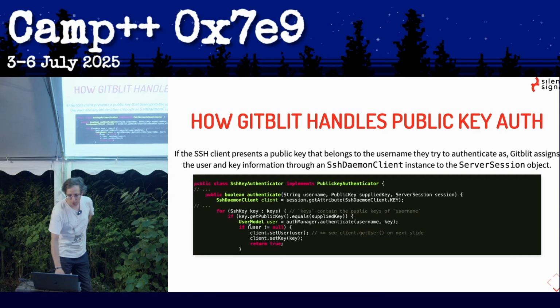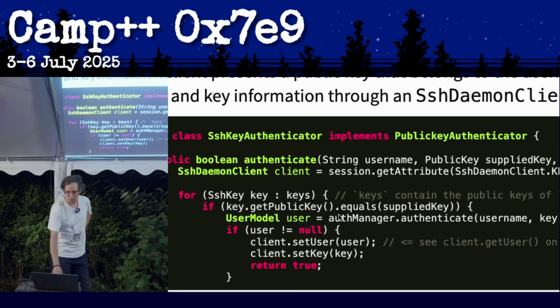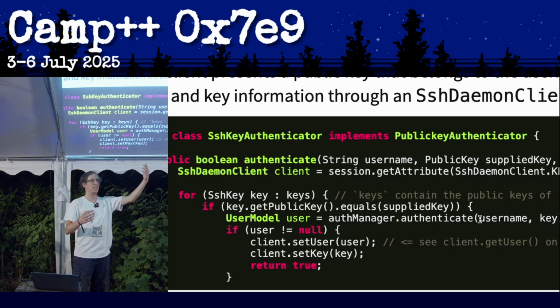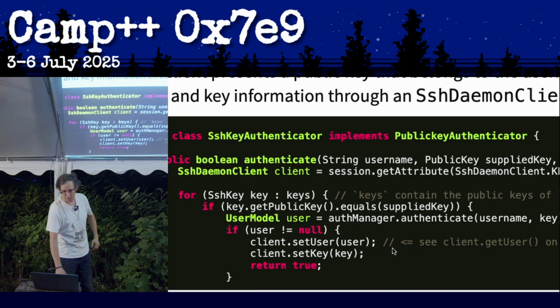I tried removing the code that's not really important, so there is this for loop that goes through all the keys and tries to compare equality, and if it finds one and checks whether the user can authenticate with this, which means is this public key assigned to a user, then it will set the user on this client variable and set the key. And what is this client thing?